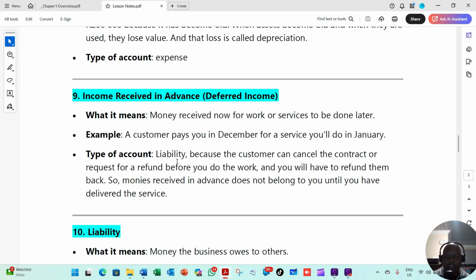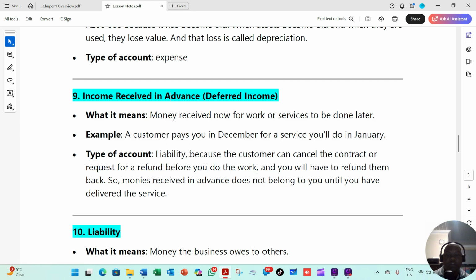Yes, that is it. And then it's a liability account. Why is it a liability account? Because if the customer comes back and says, no, I no longer need the service, let's cancel the contract, then you'll have to refund them. So that money sitting in the company's bank account is actually a liability. We don't own it 100%.